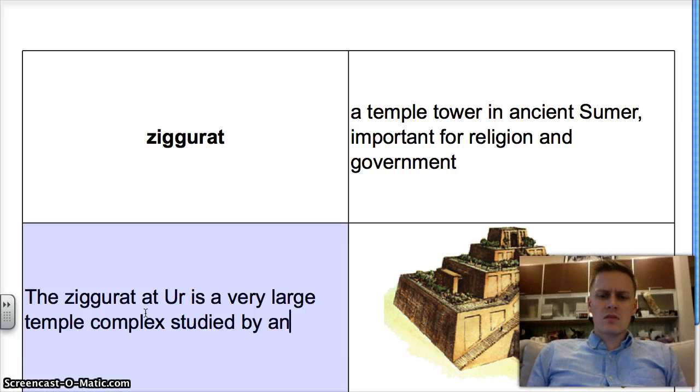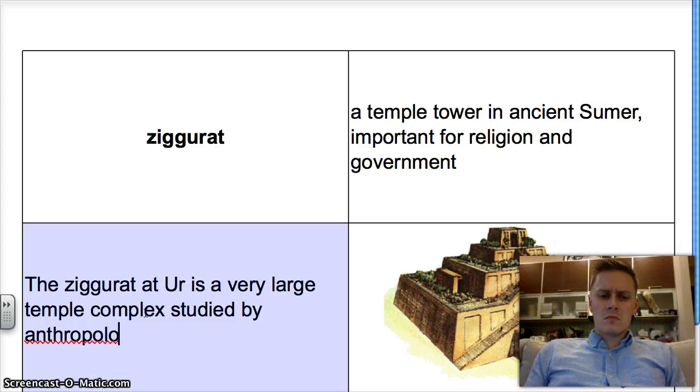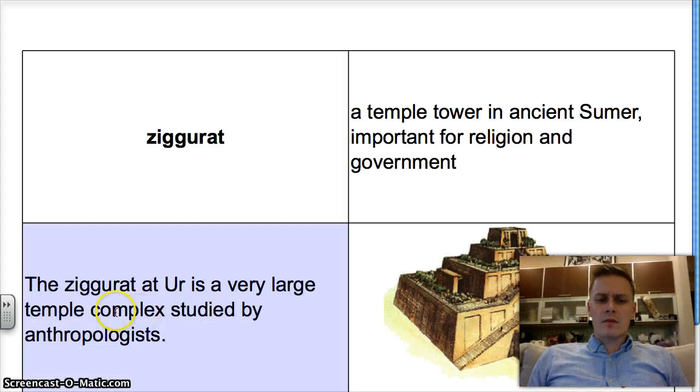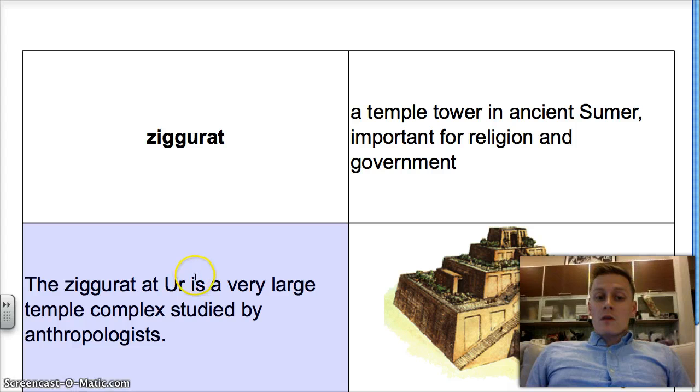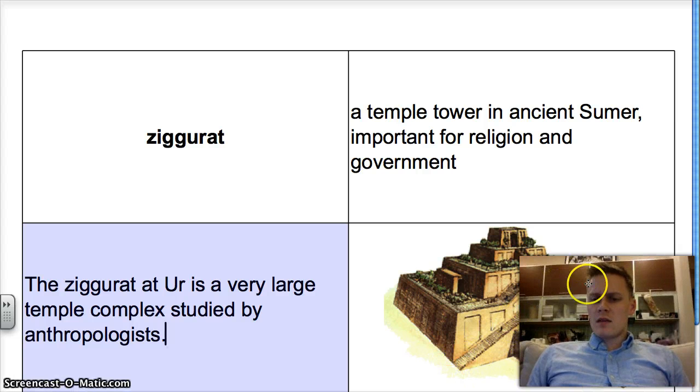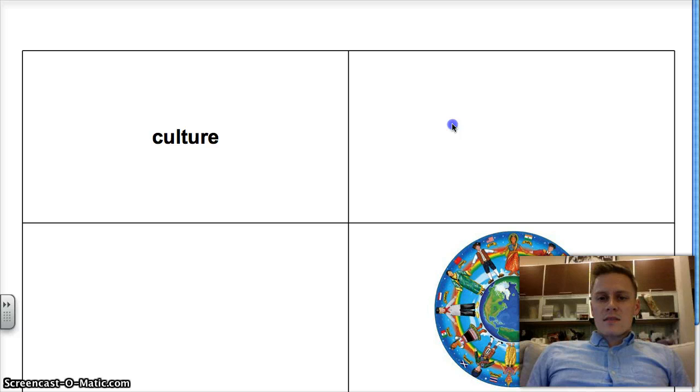Let's do anthropologists. Ur, of course, is one of the city-states that we've looked at on maps. This is actually a representation of that ziggurat at Ur. They generally have the stairs on the outside, but I think it's pretty clear to see similarities between this ziggurat and the pyramids that would be developed later in ancient Egypt.